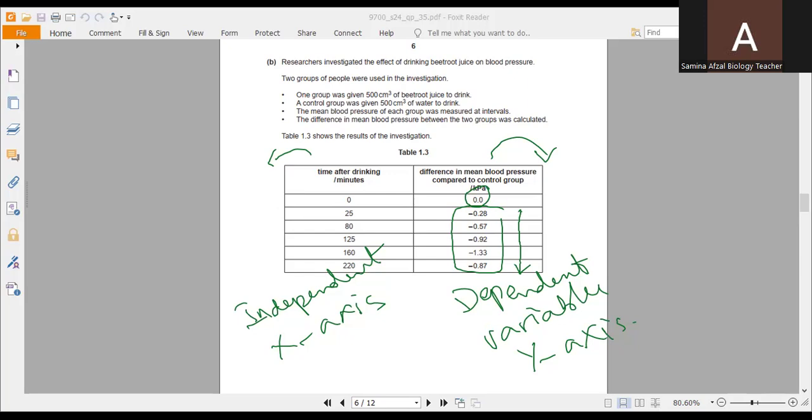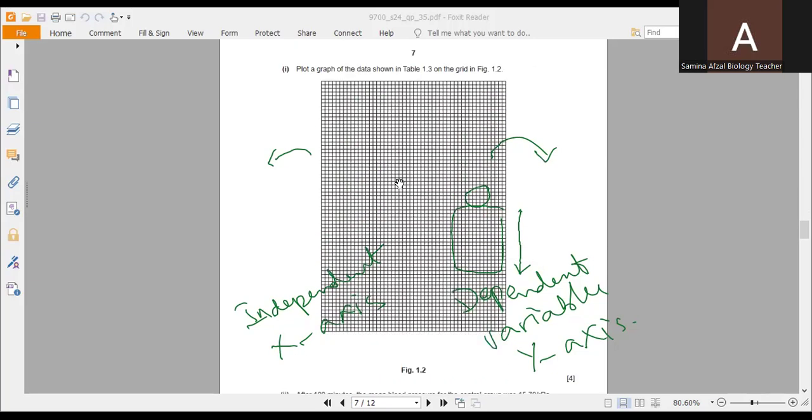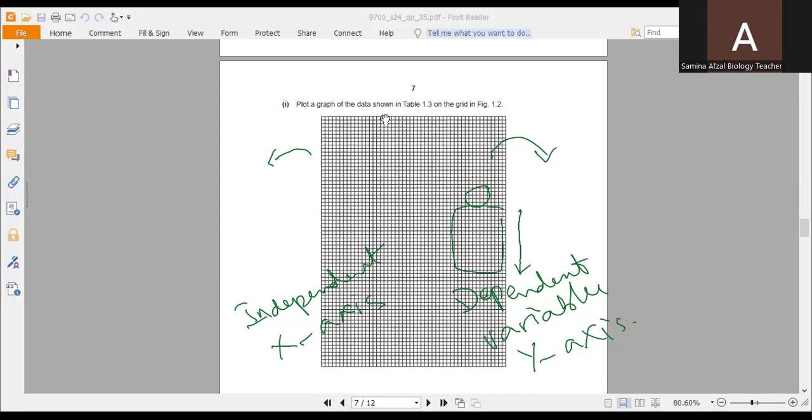So we will move towards the next page, in which we will draw this. First of all, we will take all these values on this.